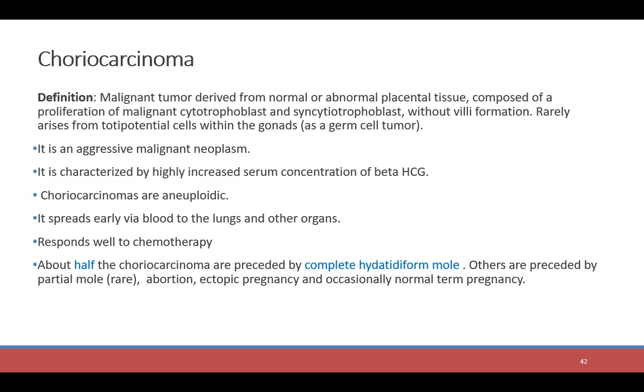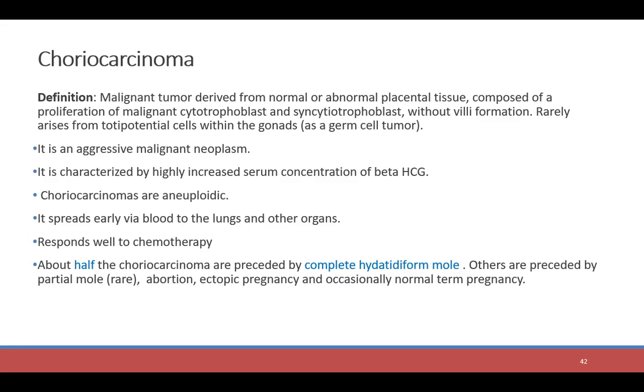Choriocarcinoma, as we said, is the most important neoplastic entity in trophoblastic disease. All the other entities actually are not important. Placental site tumor, whatever. Clinically not important at all. This is the important one. Choriocarcinoma is a malignant disease.